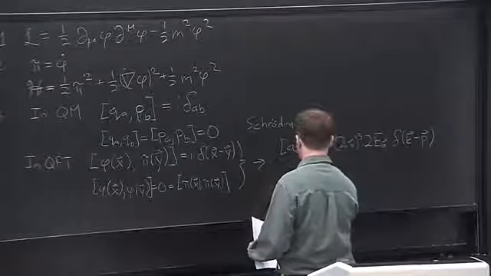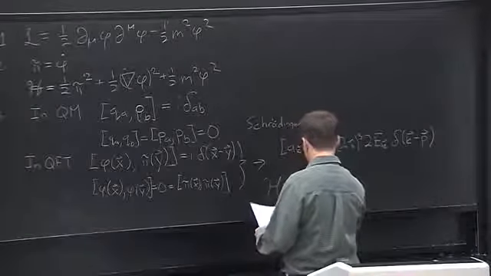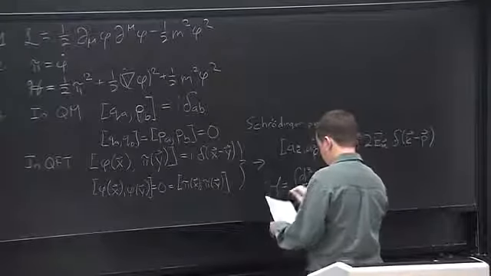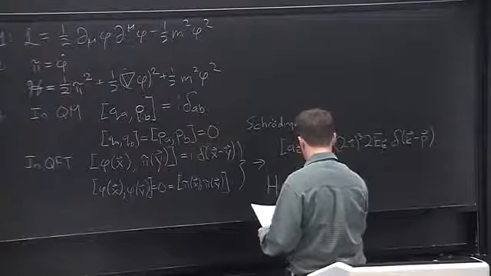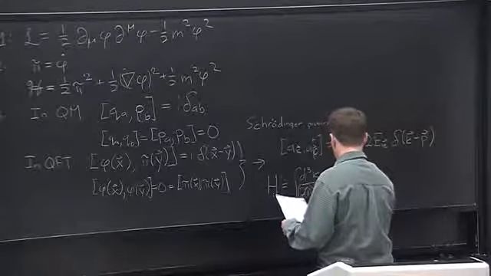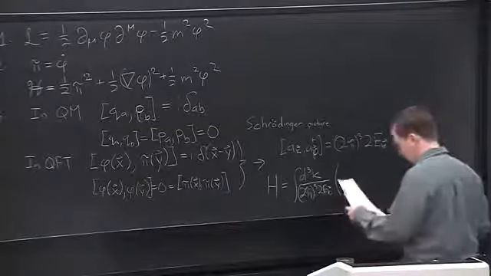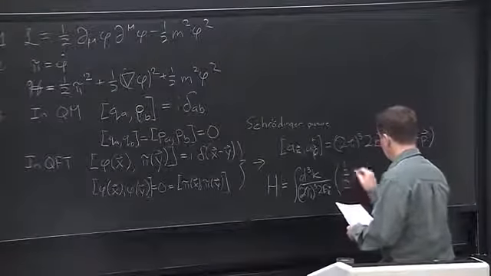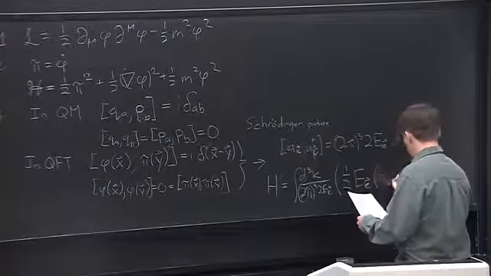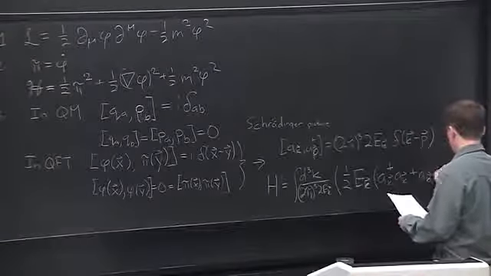So the Hamiltonian operator is the integral d^3k over (2 pi)^3 2E_k. It's our Lorentz invariant measure that's going to show up again and again. Times one half E_k, a_k dagger a_k plus a_k a_k dagger.